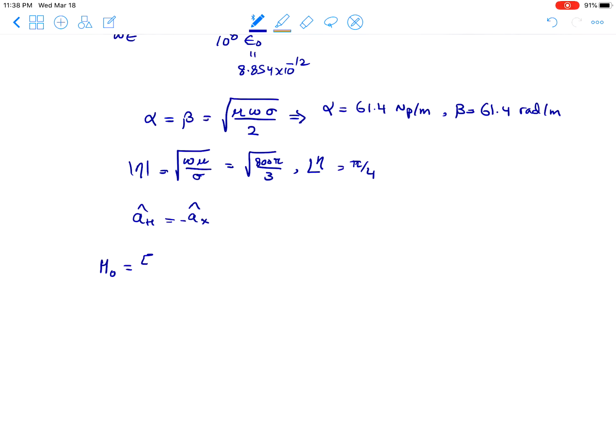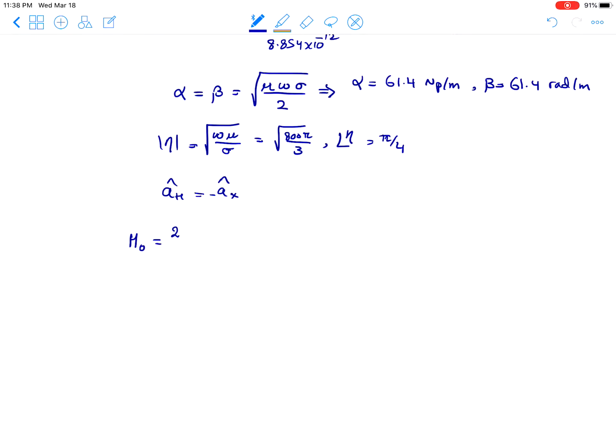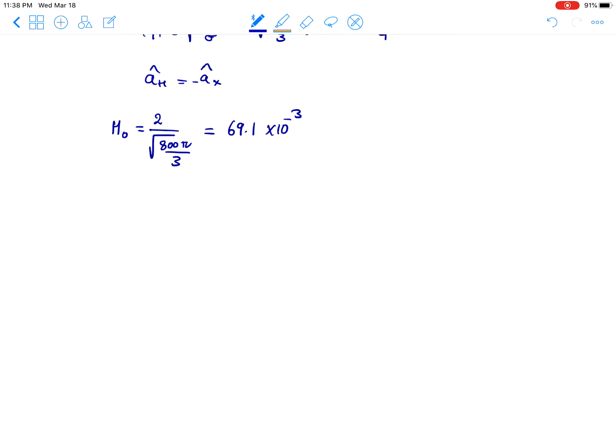The magnitude of the magnetic field will be the magnitude of the electric field, which is 2, divided by the magnitude of eta, which is 800 pi divided by 3, which means that this one is almost 6.69 times 10 to the power negative 3.